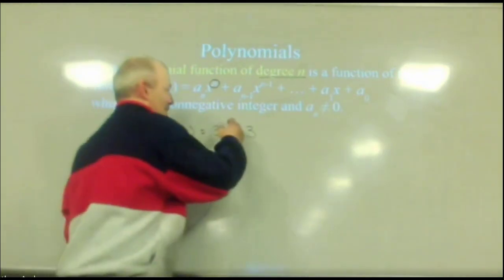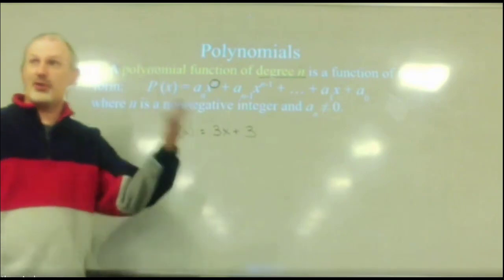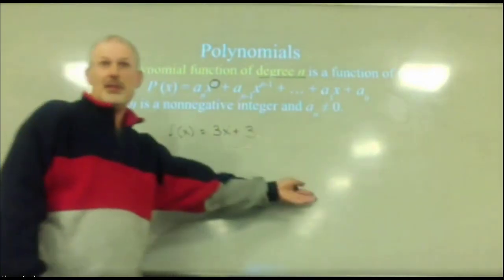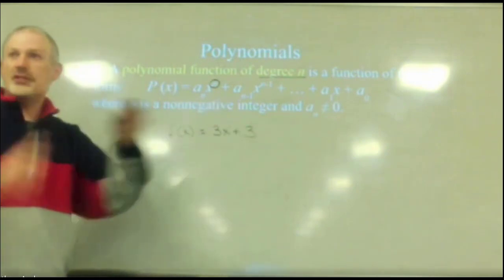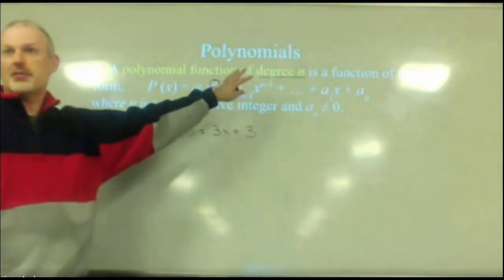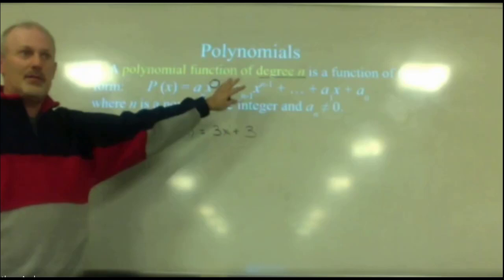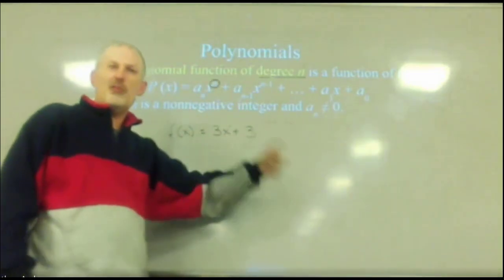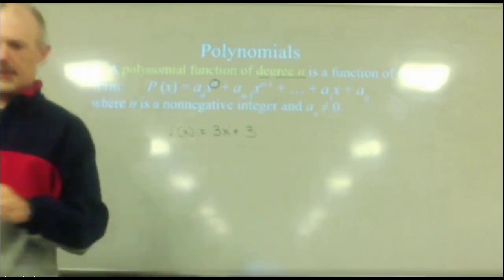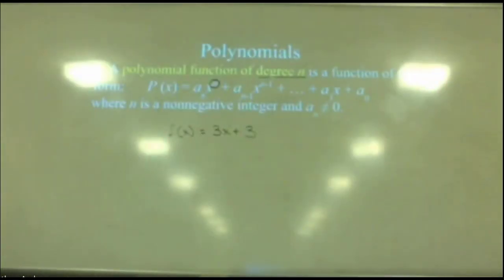This is 3x raised to the first power, so its degree is 1, and then plus 3. So we've been doing very small versions of polynomial functions so far. Okay, we're going to extend this to not just 2 pieces, but maybe 3 or maybe 4. Okay, but that's what we're going to be working on as we go through this stuff tonight.